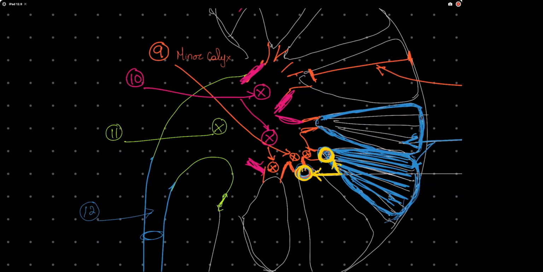And remember, what do we call the large ducts which will be collecting the urine from the minor calyces? If the small ones are called minor calyces, what would we call the large ones? Exactly, this is going to be a major calyx.